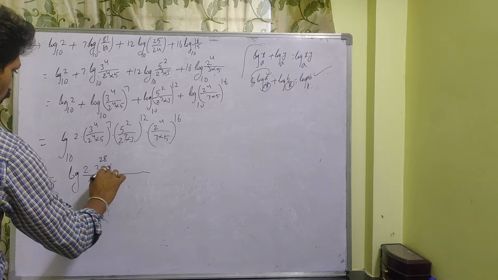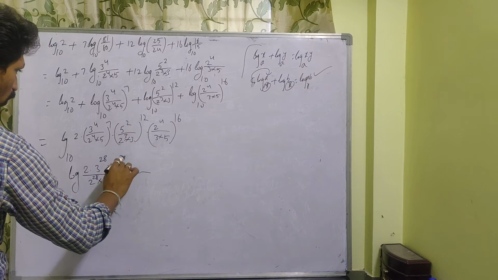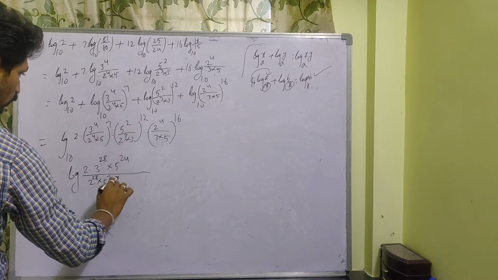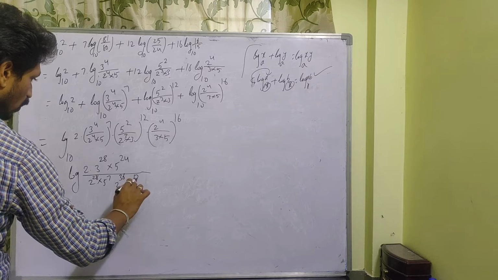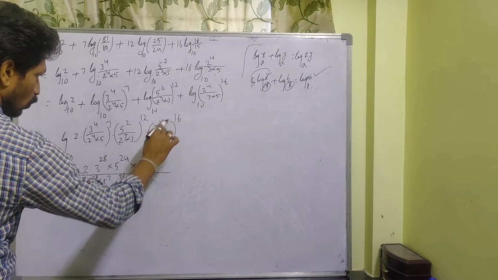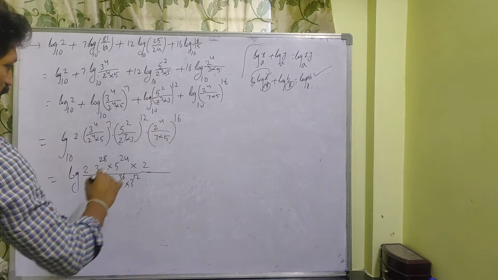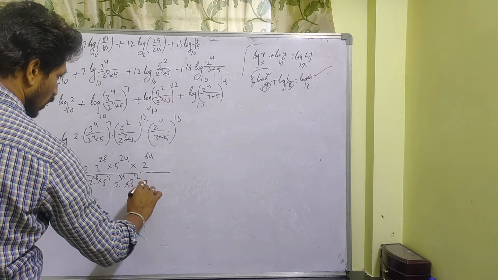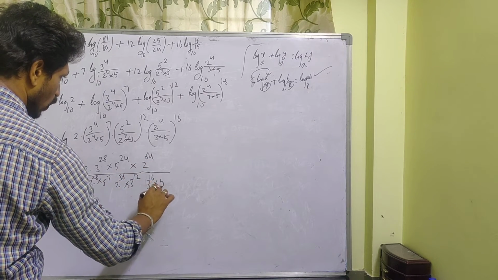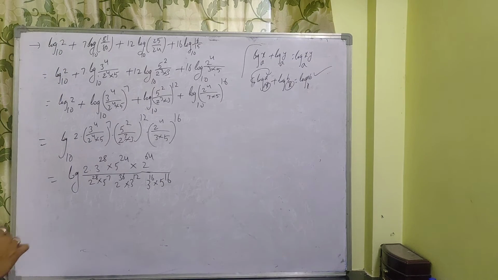Next here 5 power 12 twos are 24, 3 12s are 36, 2 power 36 into 3 power 12 into 2 power 4 16s are 16 fours are 64 by 3 power 16 into 5 power 16.